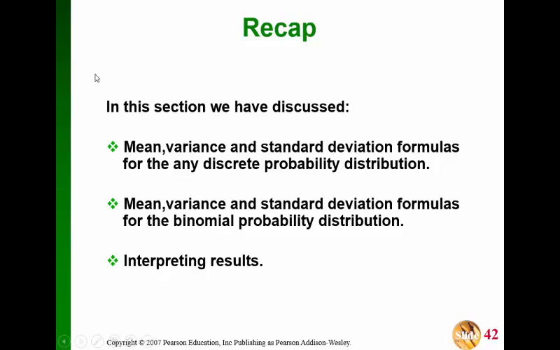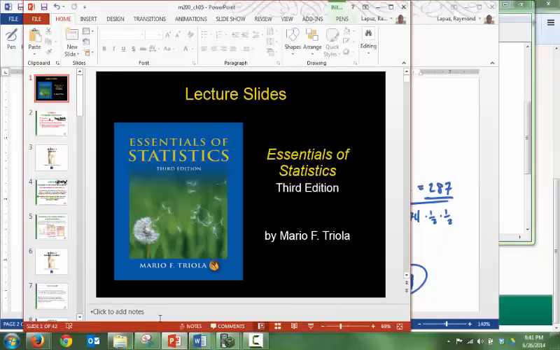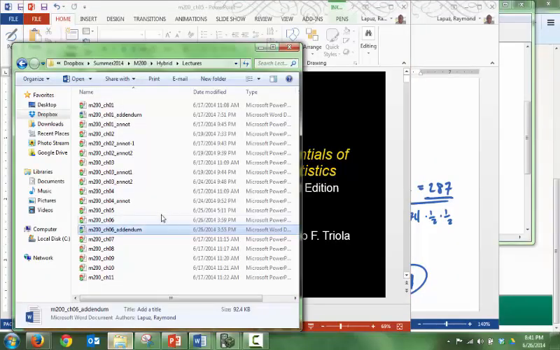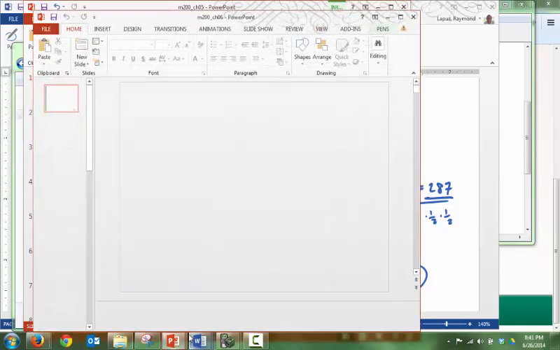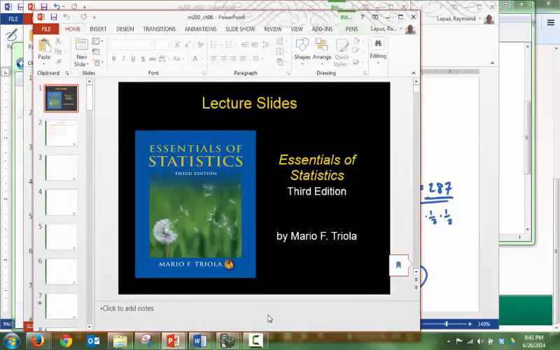Okay, we're off to Chapter 6 now. So I started to record Chapter 6, and I realized that as I was recording in the PowerPoint that they have from Chapter 6, they really focused a lot on Table A2, using the table to figure out the probabilities and the problems.